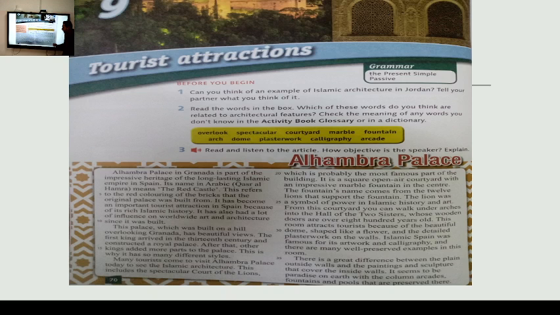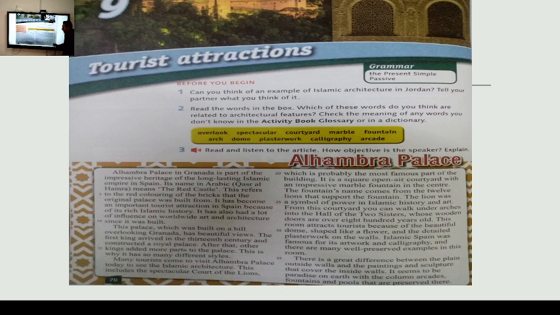After that, other kings added more parts to the palace. This is why it has so many different styles. This part was designed by the order of King X, and this part by King Y, and so on.